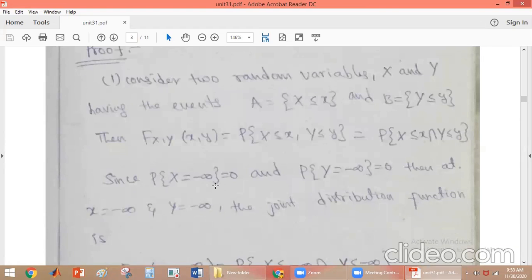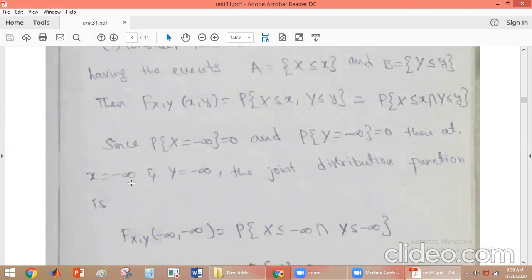Okay, now since it is given that capital X is equal to minus infinity, we know that you don't have any event at X equal to minus infinity. So the probability of X equal to minus infinity will be 0. Similarly, we don't have any event at Y equal to minus infinity, so the probability of Y equal to minus infinity will be 0.